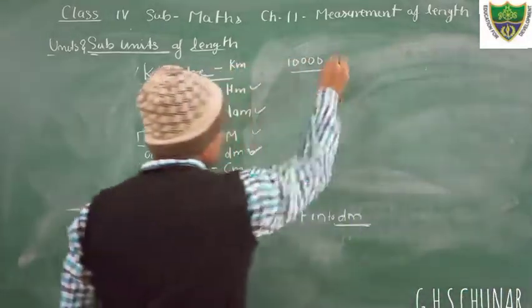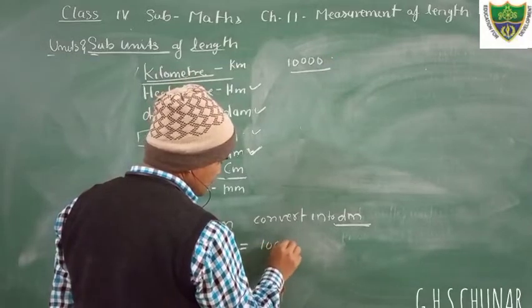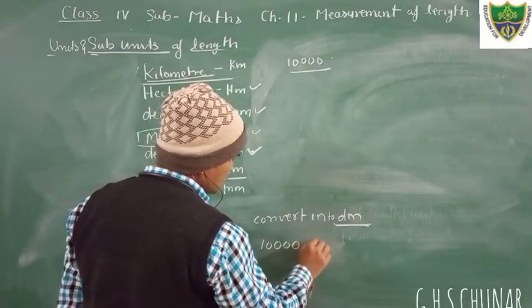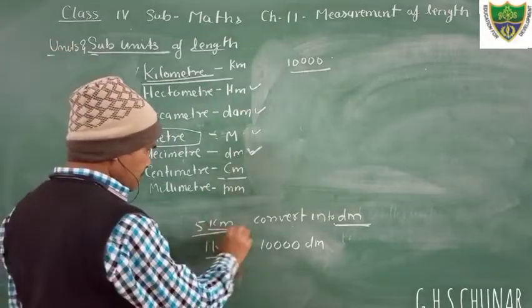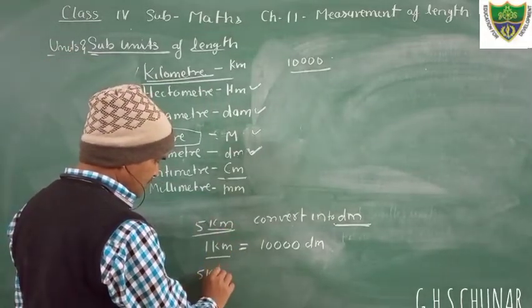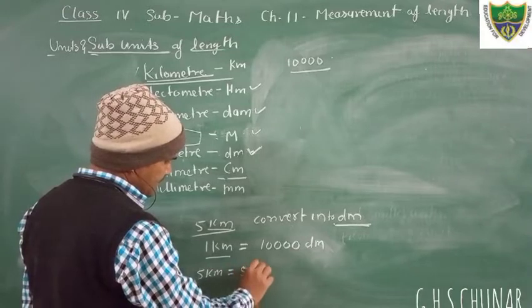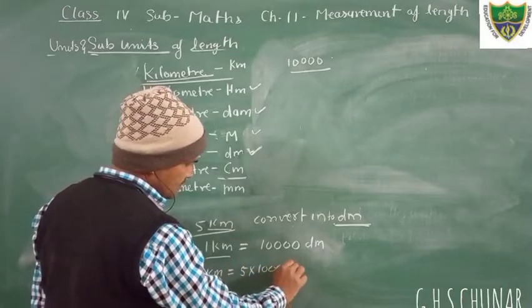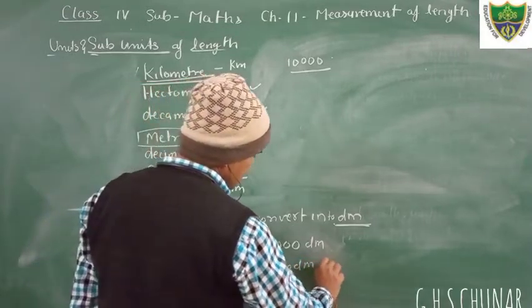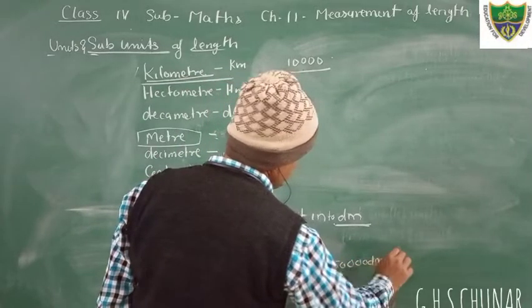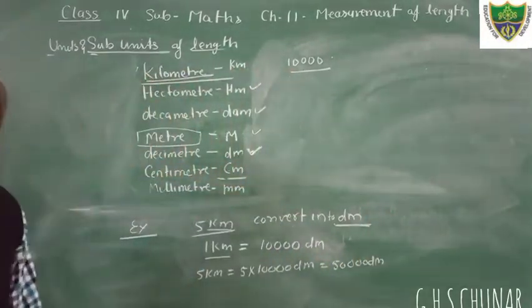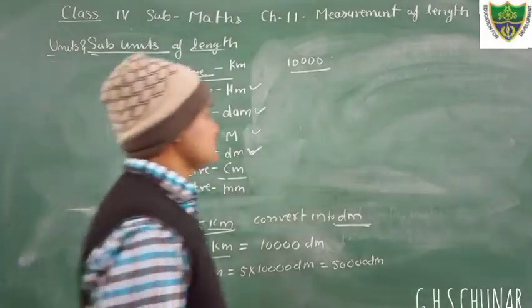So 1 kilometer is equal to 10000 decimeter. Right? So what is the 5 kilometer? Then 5 kilometer is equal to 5 into 10000 decimeter, that is 50,000 decimeter. It's clear?